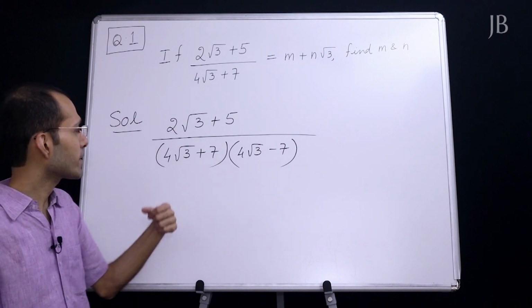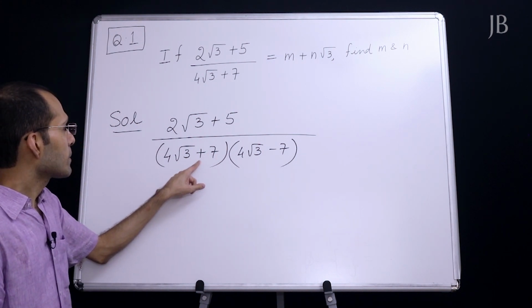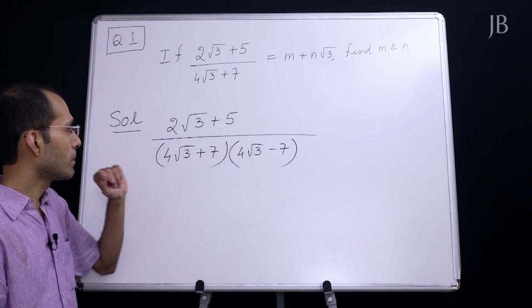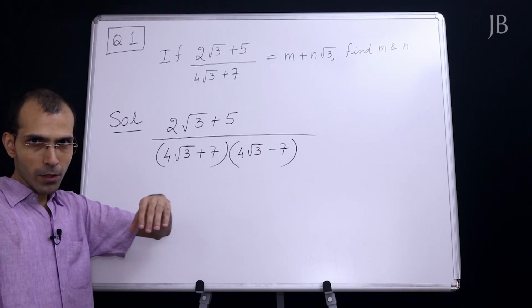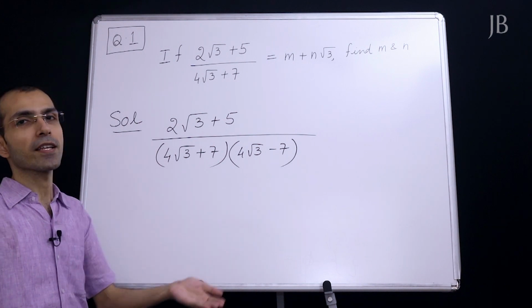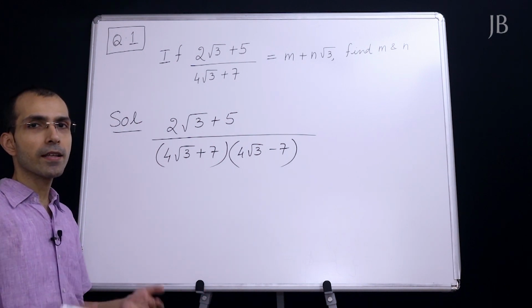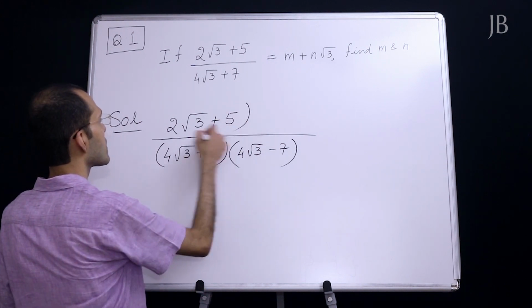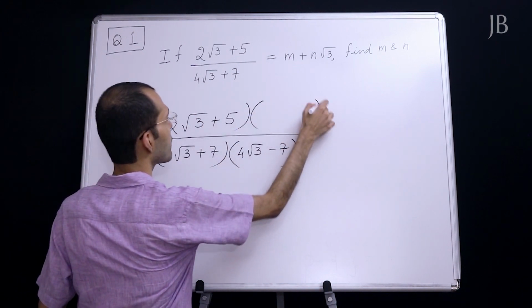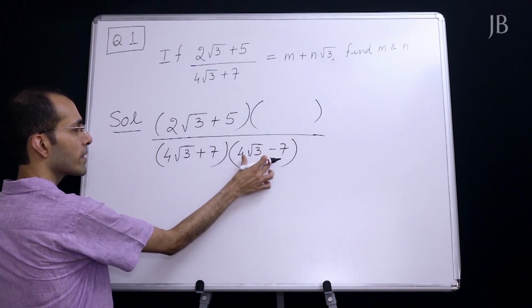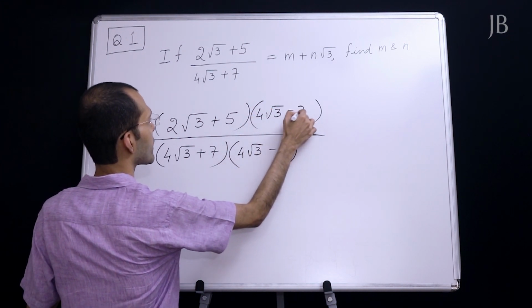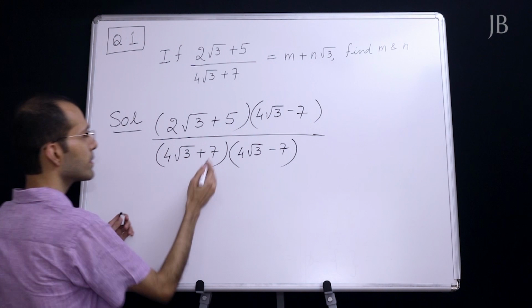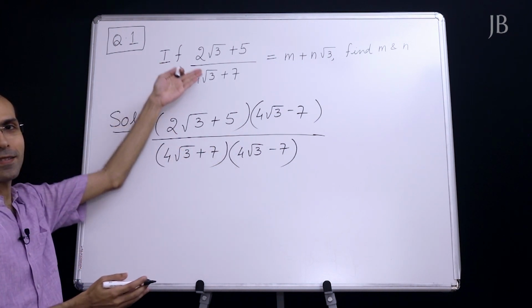Understand the bracketing sense. This plus will become minus, but this amounts to changing the question now. So to counterbalance the change, we will have to multiply up also with the same term, 4 root 3 minus 7, so that we can cancel this and come back to our original question.